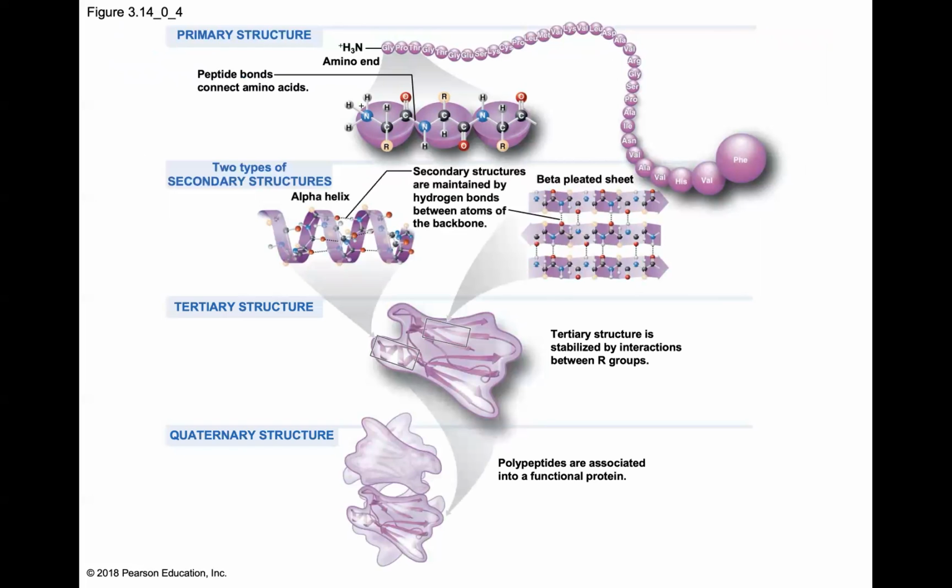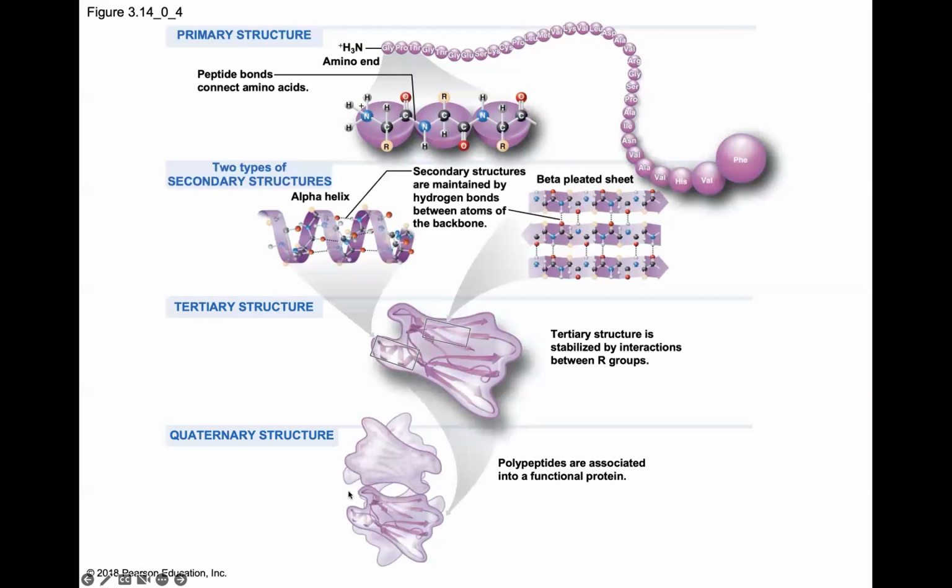Here, this diagram illustrates the primary structure, which is the linear amino acid sequence. Examples of secondary structures we can create are the alpha helix and beta pleated sheets. We have tertiary structures where we start to get this 3D arrangement of our amino acids.